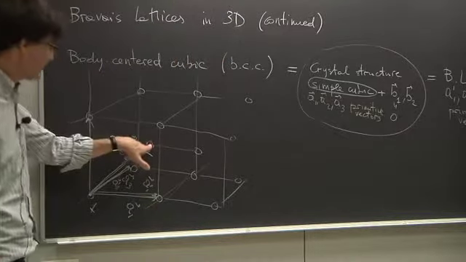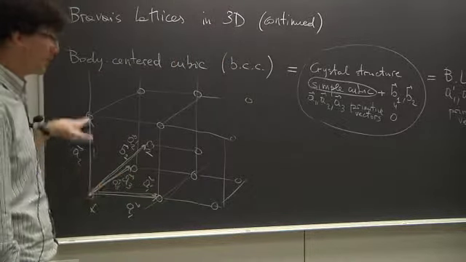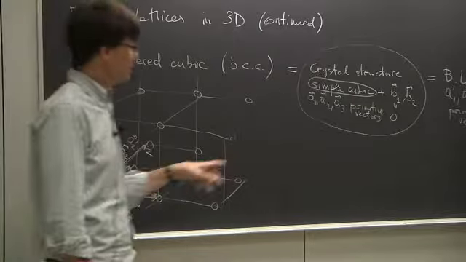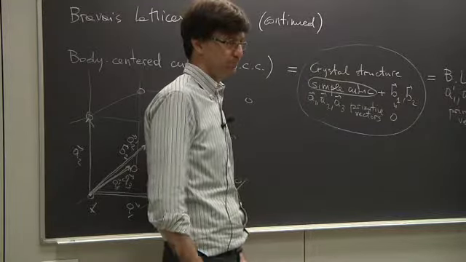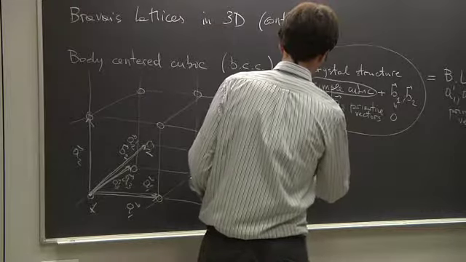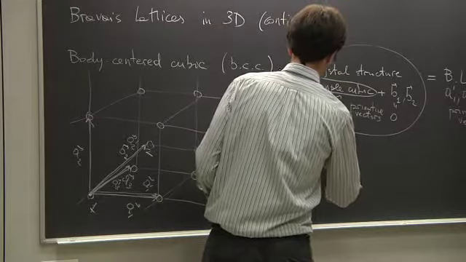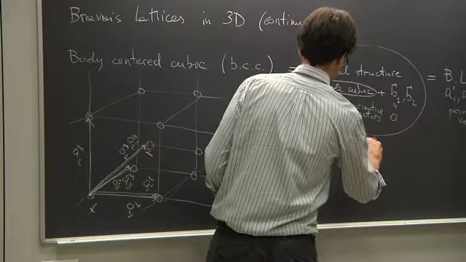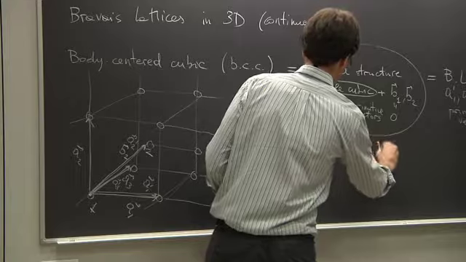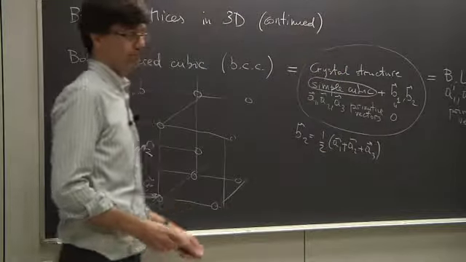If you wanted to describe B2 as a linear combination of the green primitive vectors, you could do it, but the factors here would be 1/2, right? B2 is equal to 1/2 (A1 plus A2 plus A3), right? So this is not an integer.